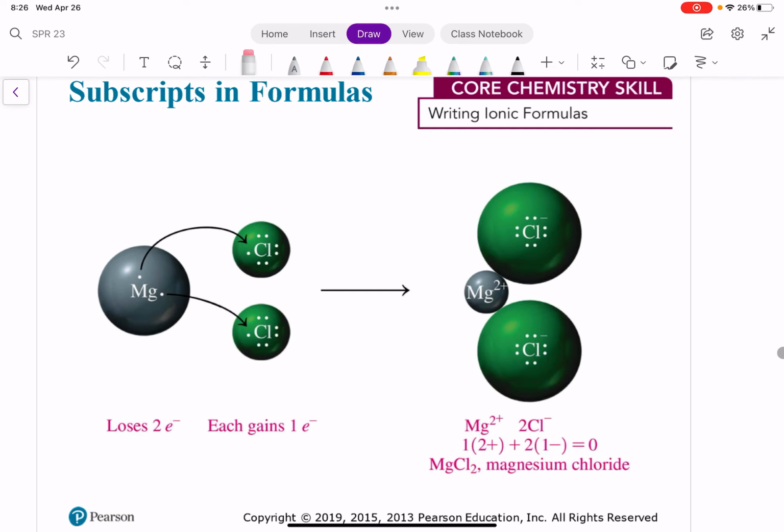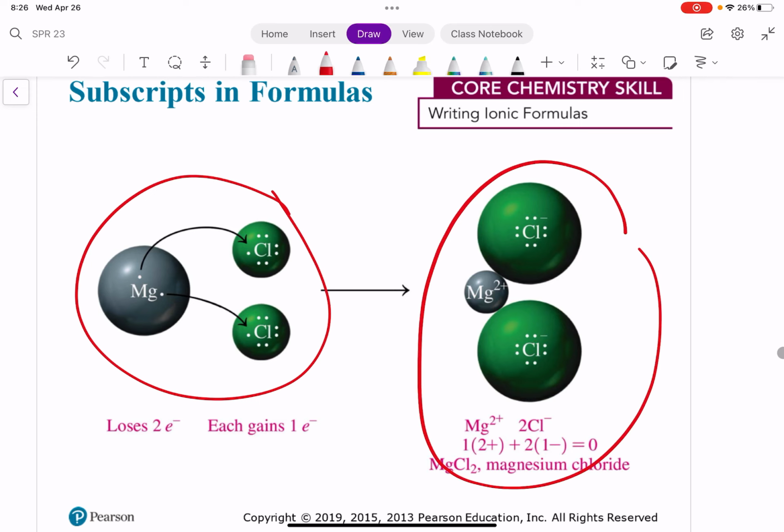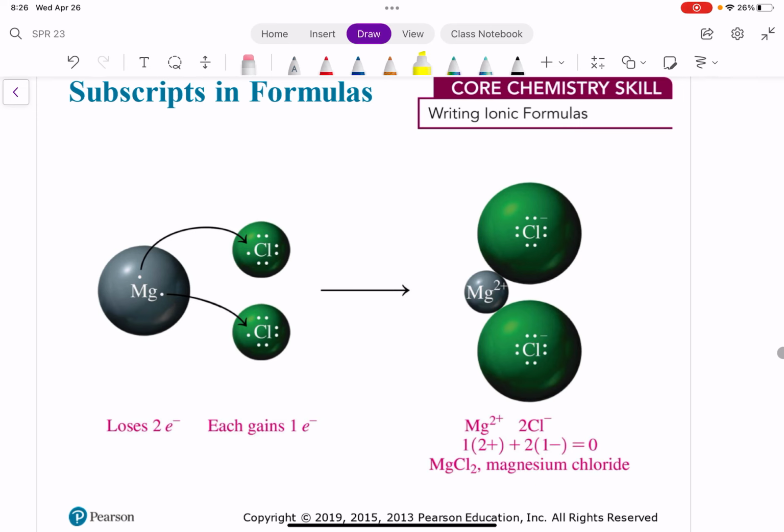So we want to be able to write those formulas without knowing them ahead of time, right? So if I gave you this side of the equation, you could find this side, and specifically, you could find this formula here. So that you can eventually write your own chemical equations. Instead of when you're balancing chemical equations, I've been giving you those formulas. You need to be able to write those chemical formulas.